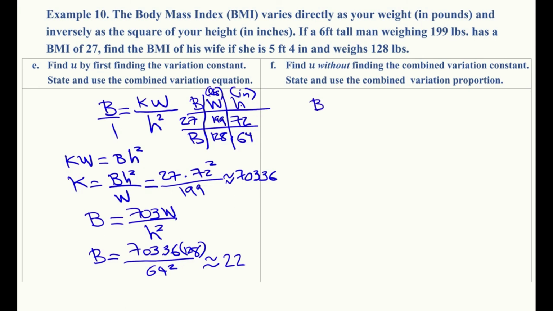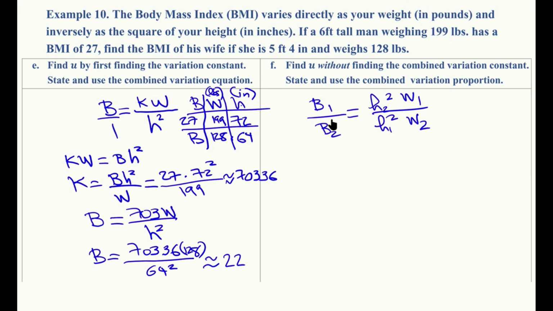So if you have B1 over B2, you know you'll have W1 and W2 in the same direction because of the direct variation. But H has an inverse relationship with B, so instead of having H1 squared over H2 squared, we're going to have H2 squared over H1 squared.